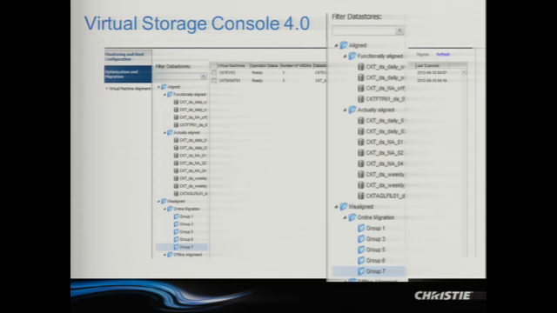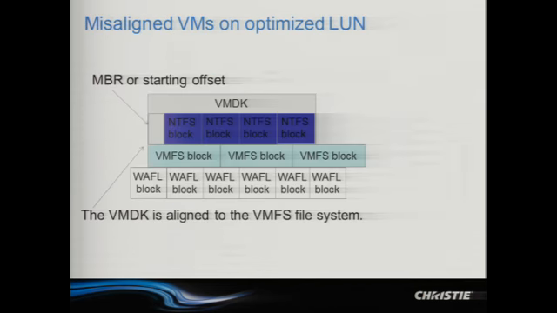Here's what it looks like. It'll show you the VMs that up top there are functionally aligned. These are the ones that are properly aligned by whatever the underlying storage subsystem is, in this case 4K blocks. The next ones down are showing the actually aligned or the correctly aligned. The functionally aligned are the ones that we actually fixed by creating these offset LUNs.